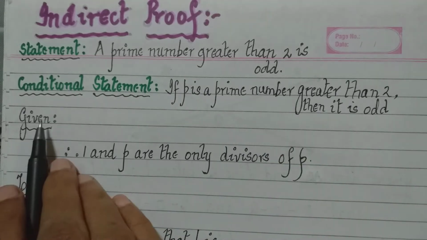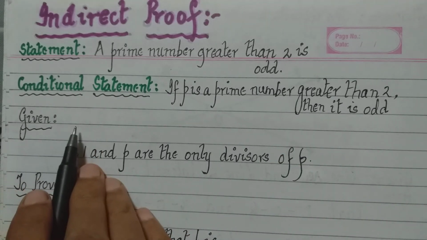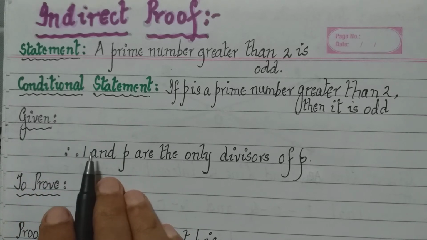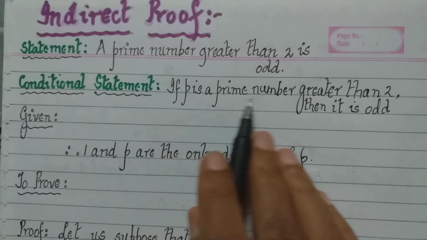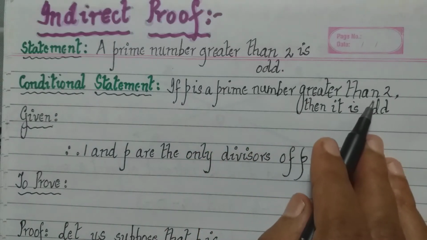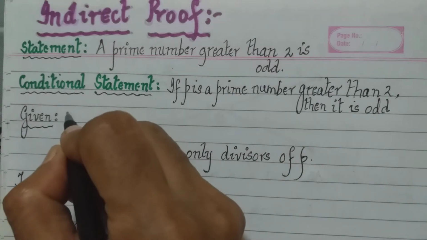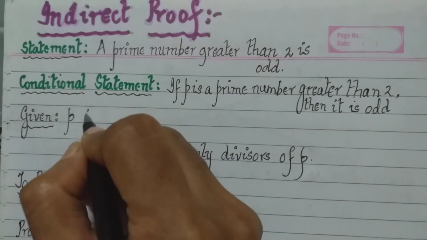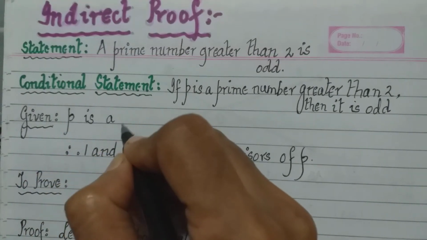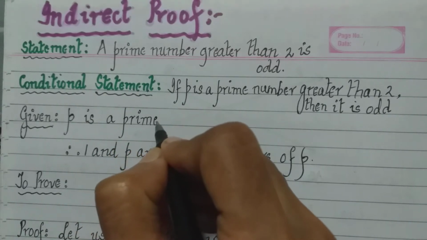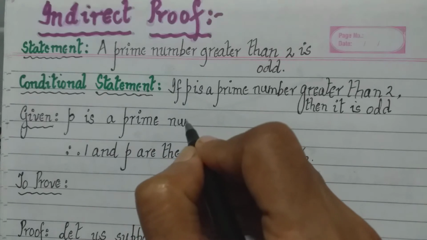Now we have to write the first step in a proof. What is the first step? To write given. What is given to us? P is a prime number greater than 2. So I write: given, P is a prime number greater than 2.